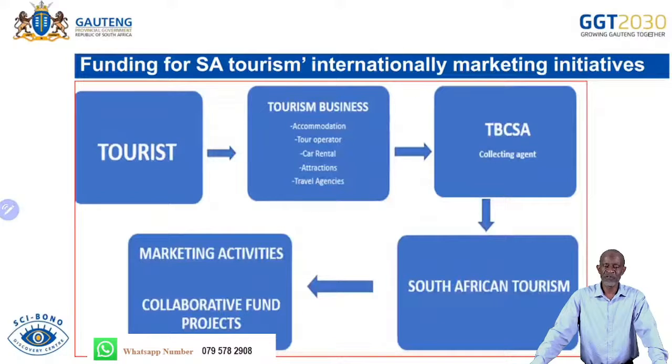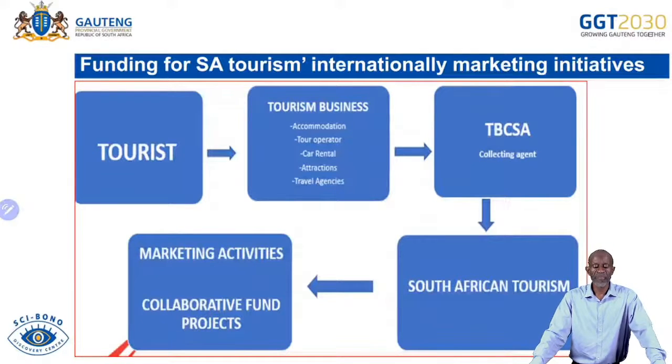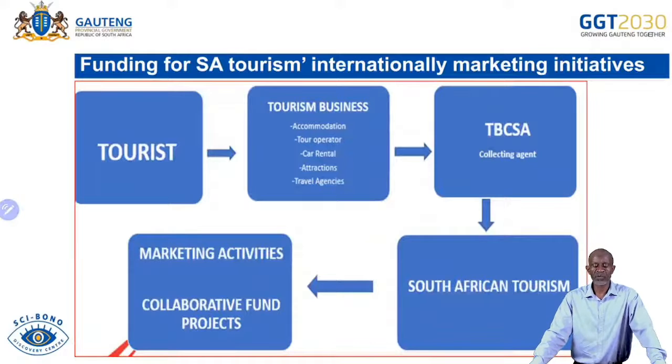As we further move with this subtopic, there is a flow diagram that represents the activities involved. In the beginning, you'll have tourists, and tourists will benefit the tourism businesses that are available. Examples will be accommodation, tour operators, car rental, attractions, travel agencies.